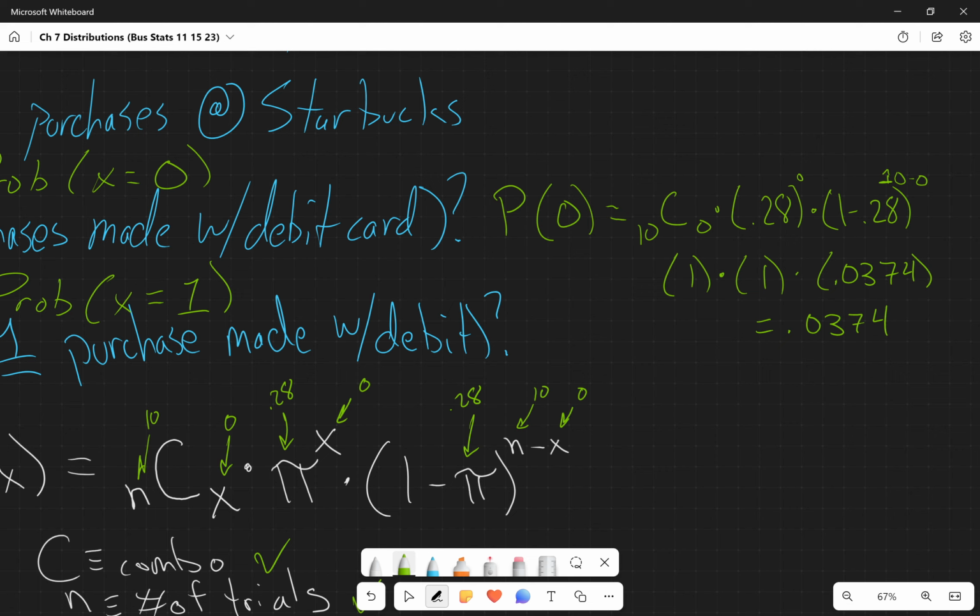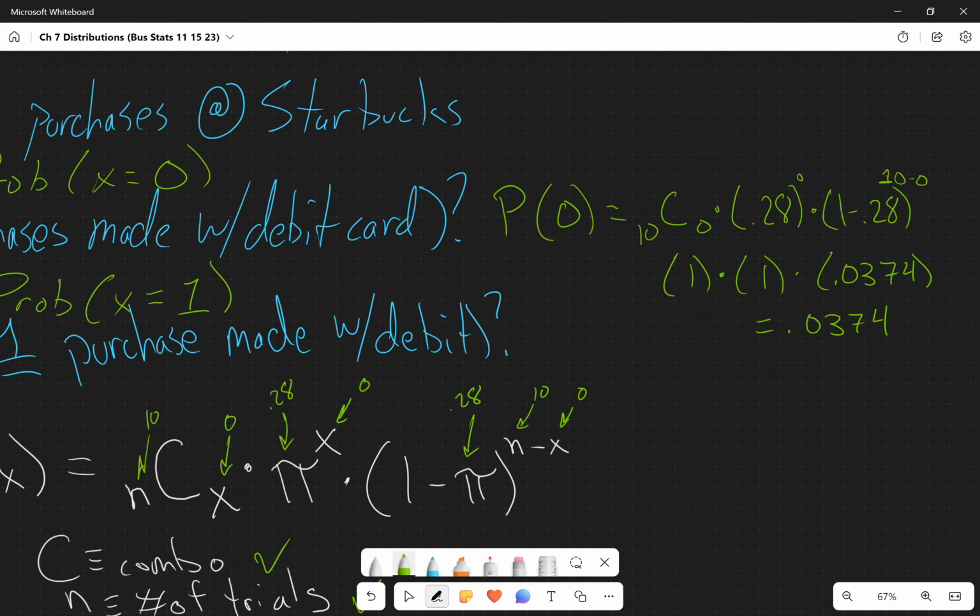If I told you that 95% of all the purchases at coffee shops are made with a debit card, and you had this same kind of 3% probability come up, you'd say, wait a second, I did something wrong, right? So the fact that it's 28% of all the purchases, and then of these 10, which is not a large sample, the probability of none of them being one of those makes sense that it's about 3.74%.